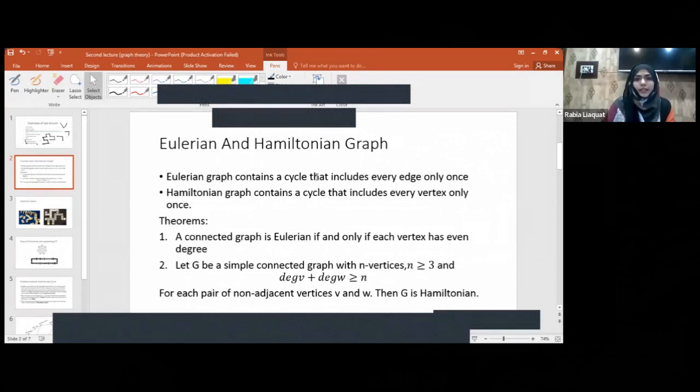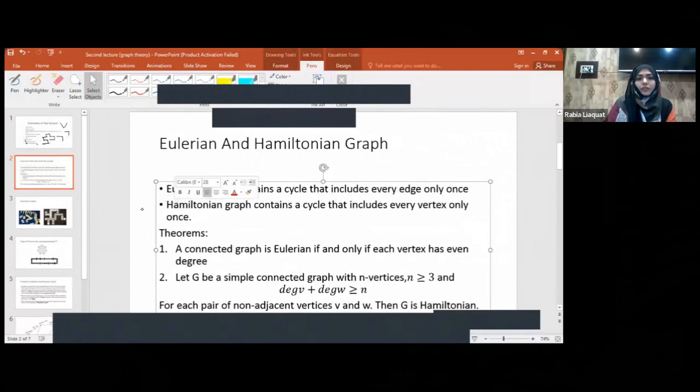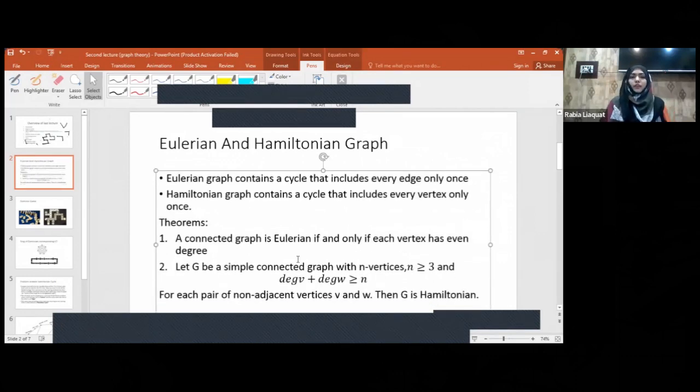An Euler graph contains a cycle that includes every edge only once, and similarly a Hamiltonian graph consists of a cycle that includes every vertex only once. We will apply two theorems, and with their help we will identify Euler and Hamiltonian graphs.